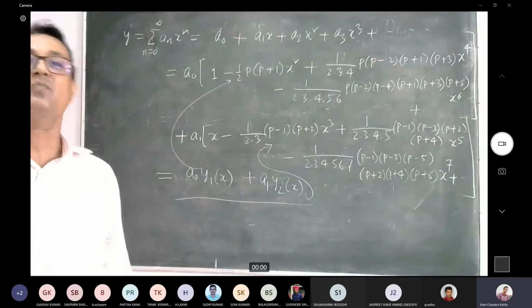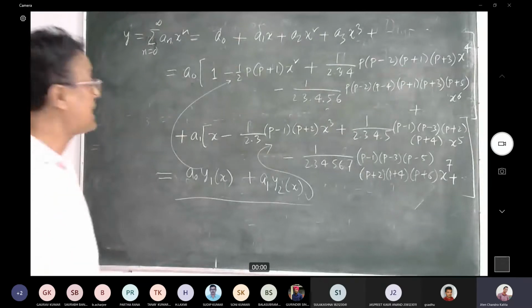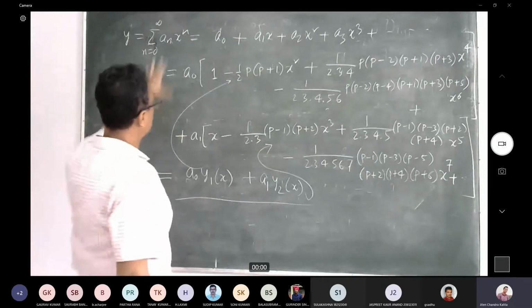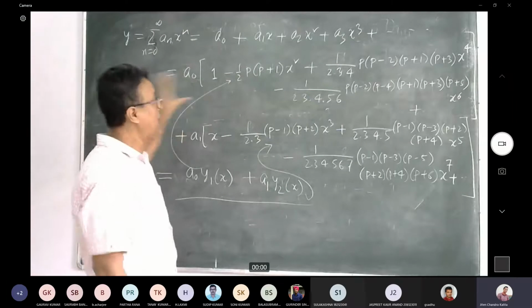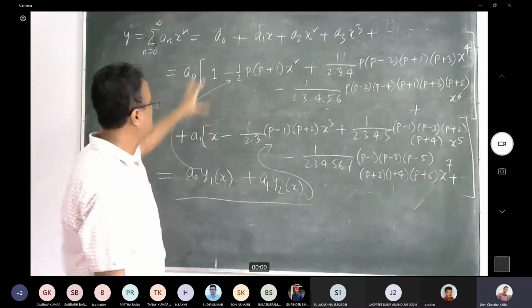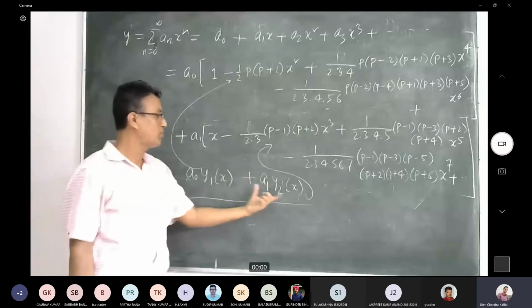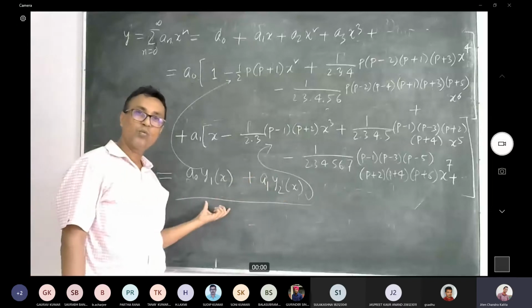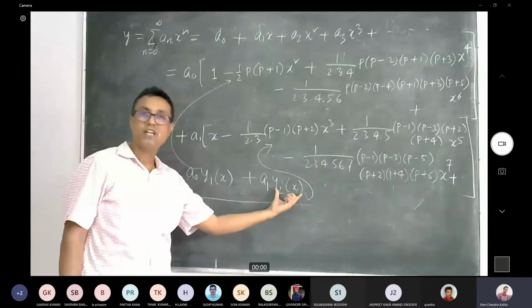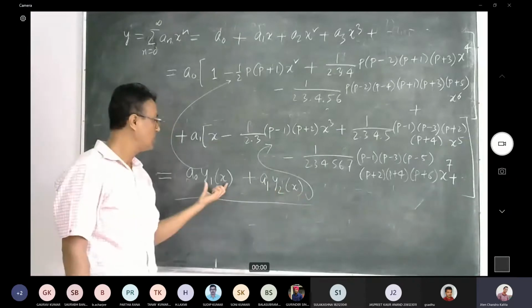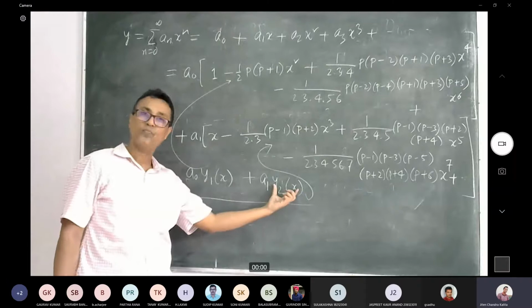the radius of convergence. I have got a solution like this, and here you have seen that the solution can be broken into two individual power series again, in terms of y1 and y2.